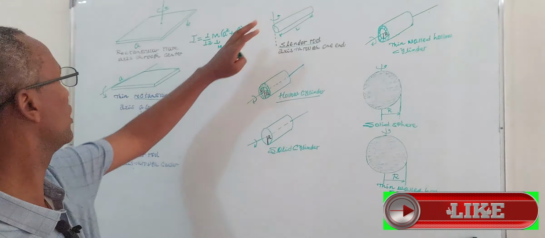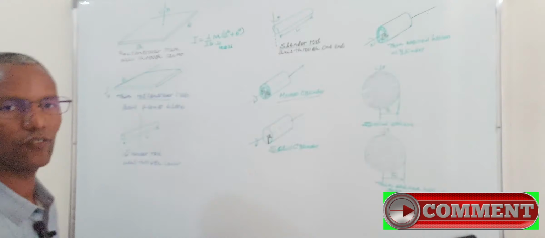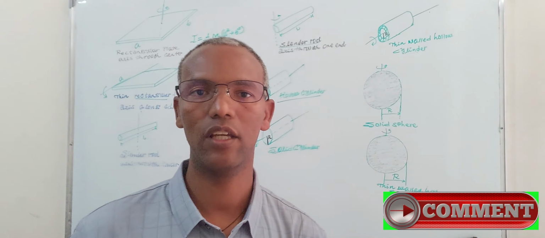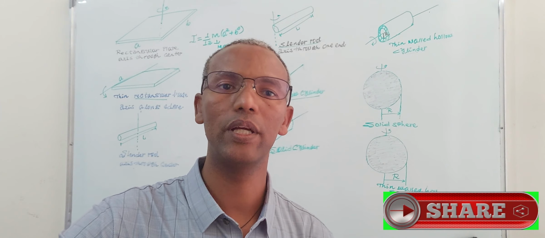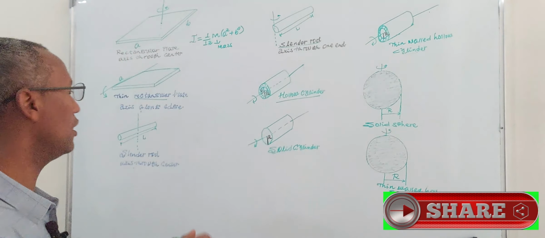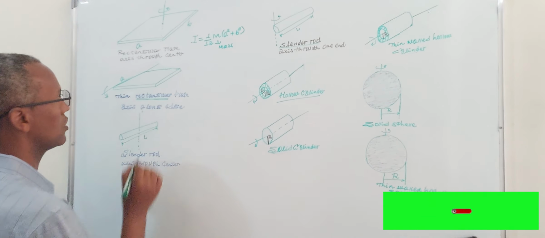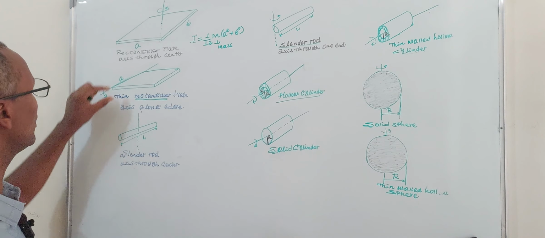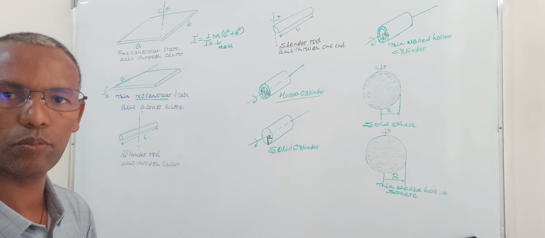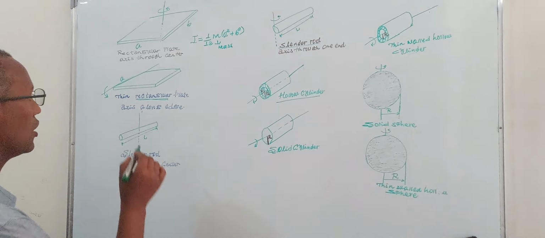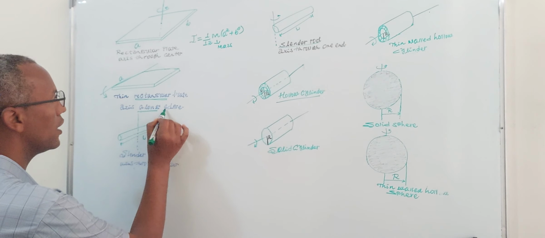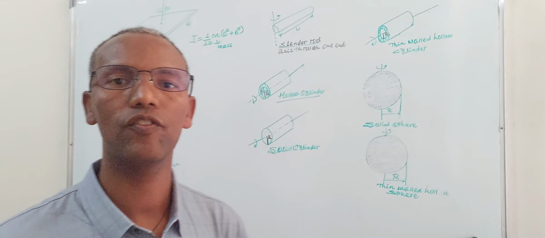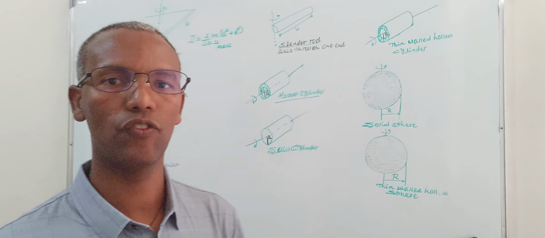What if the axis of rotation is passing along the edge of the rectangular plate? Let's say this is a thin rectangular plate, and the axis of rotation is along the edge of this plate.